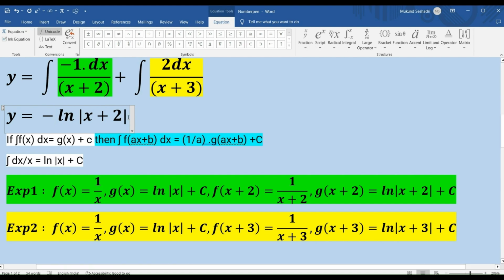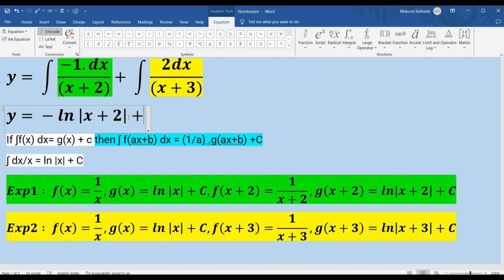And then I go to my second expression. I have integral of, I keep the 2 aside, dx by x plus 3. Again, integral of f of ax plus b dx equal to 1 by a times g of ax plus b plus c, right? And in place of ax plus b, I have x plus 3. My a equals 1, my b equals 3.